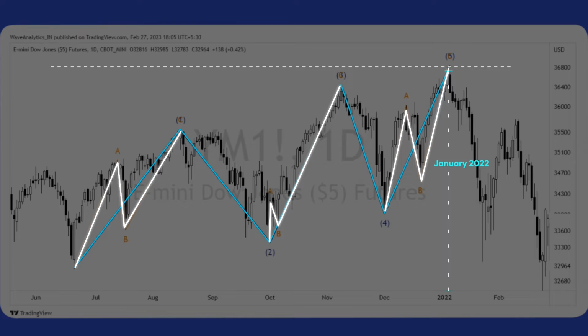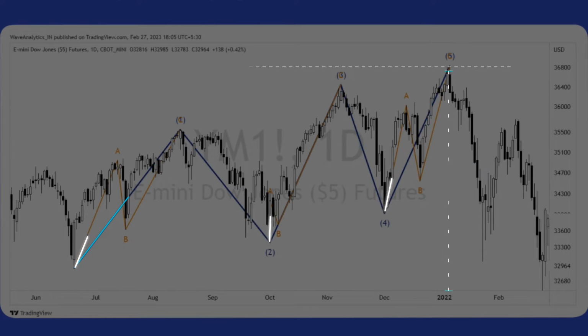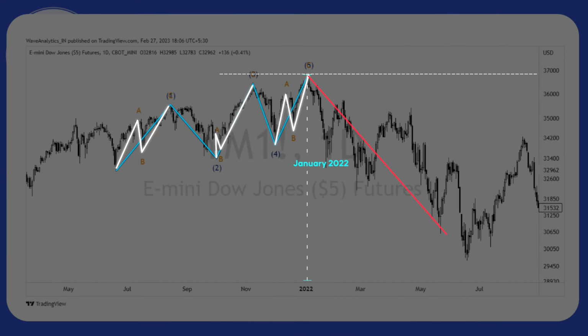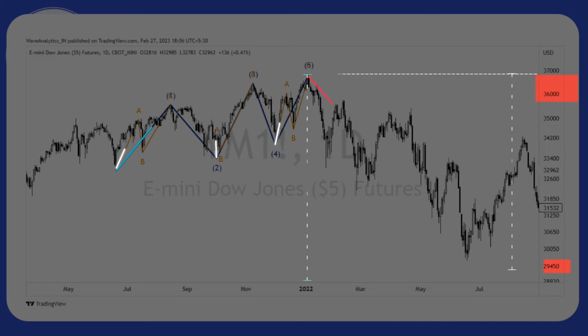What happened after the ending diagonal? Did the dramatic reversal happen? Let's see. Yes. After that, from a level of 36,000, the Dow Jones corrected to 30,000, nearly a 20% correction, which even as a thumb rule is a fairly large correction for a flagship index.